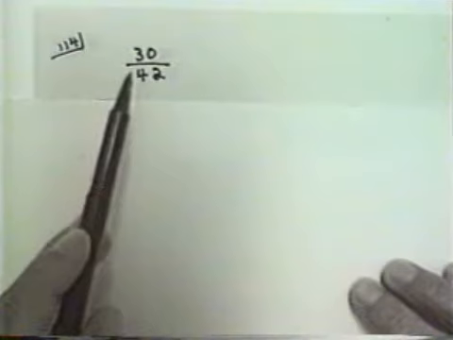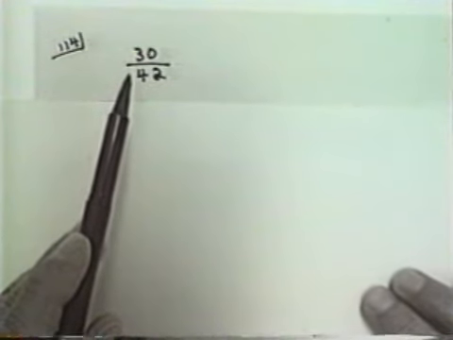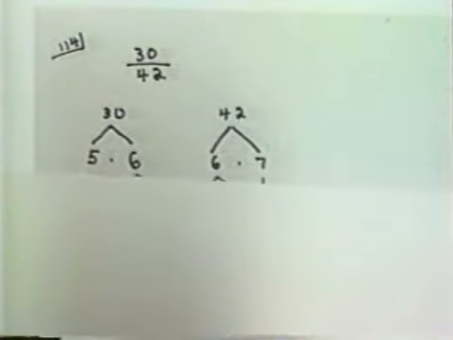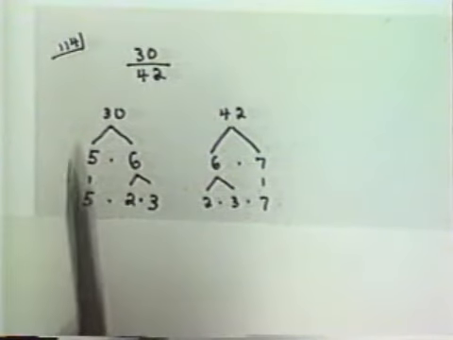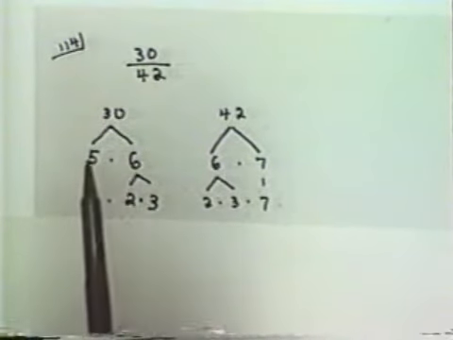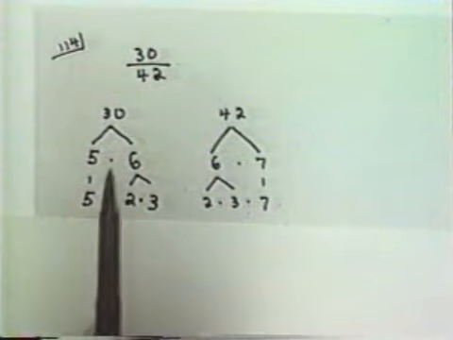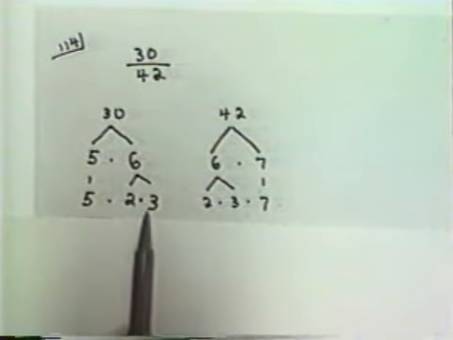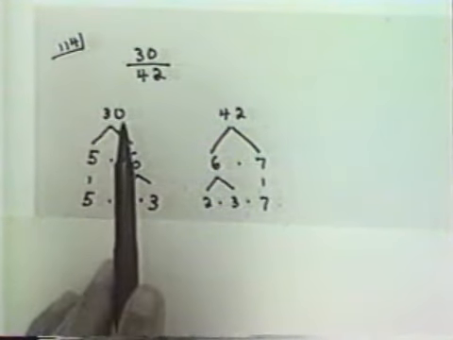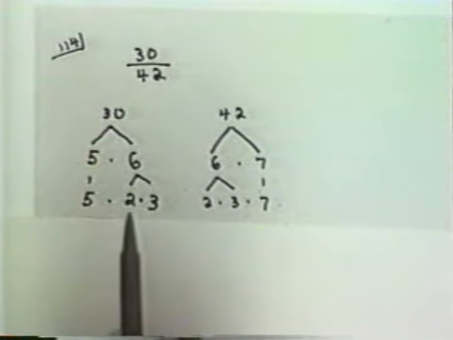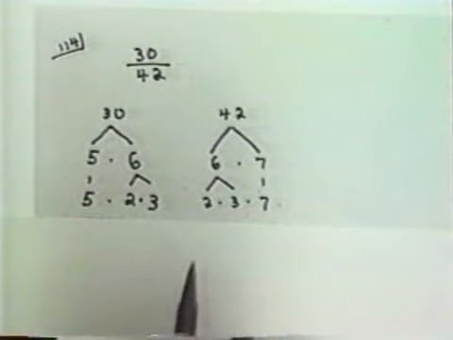What I can do first is to completely factor both 30 and 42. Completely factoring 30, we can break 30 down into 5 times 6, because 5 times 6 is 30. Then I can factor 6 again into 2 times 3. So 30 factors as 5 times 2 times 3.